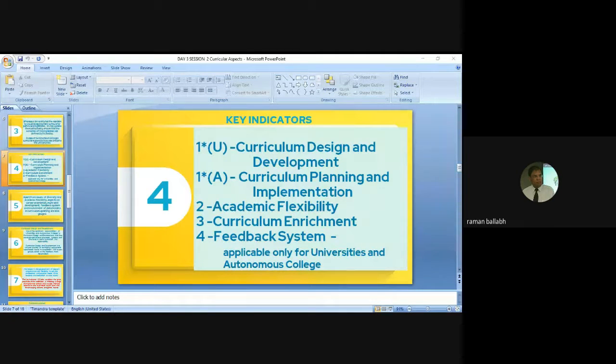So some institutions have a pattern of bridge courses, right? No university is asking you to do a bridge course. It is your decision in the curriculum aspect that you plan the curriculum like that, that you do these bridge courses, or the academic flexibility is there that you take 10 days in a semester to do some bridge programs.